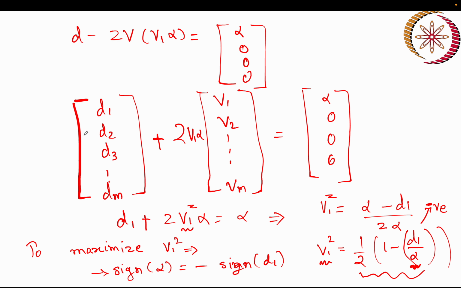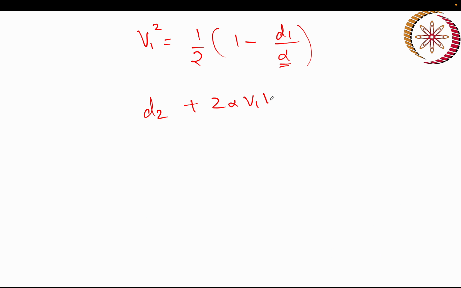So I will write what we have got. V1 square is equal to half times 1 minus D1 by alpha. You can see this alpha is nothing but the magnitude of D itself. Now we will write this equation: D2 plus 2 V1 V2 alpha is equal to 0.